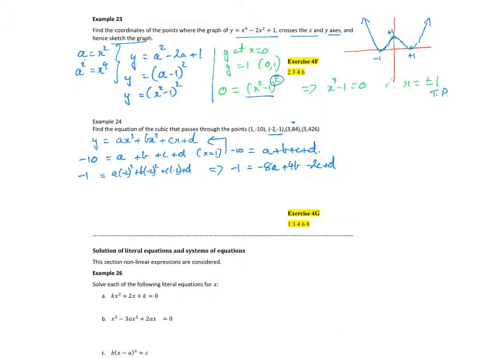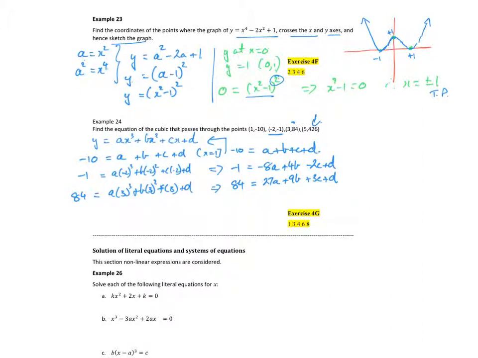Use the third point. 84 is equal to a times 3 cubed plus b times 3 squared plus c times 3 plus d. So that gives me 84 is equal to 27a plus 9b plus 3c plus d.